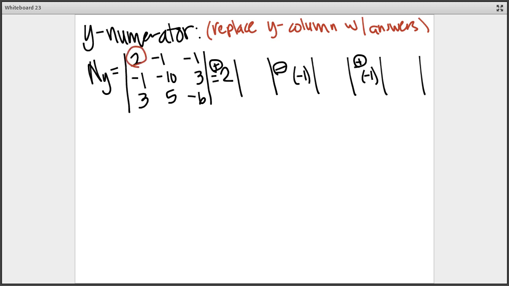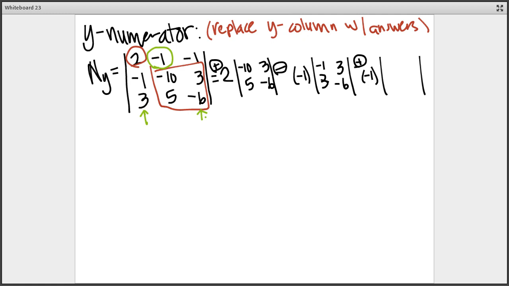All right, for the 2, we're going to use this guy. So it'll be negative 10, positive 5, positive 3, negative 6. For the middle, the negative 1, I'm going to use these two, negative 1 with 3 and 3 with negative 6, to be negative 1 with a positive 3, and then a positive 3 with a negative 6.